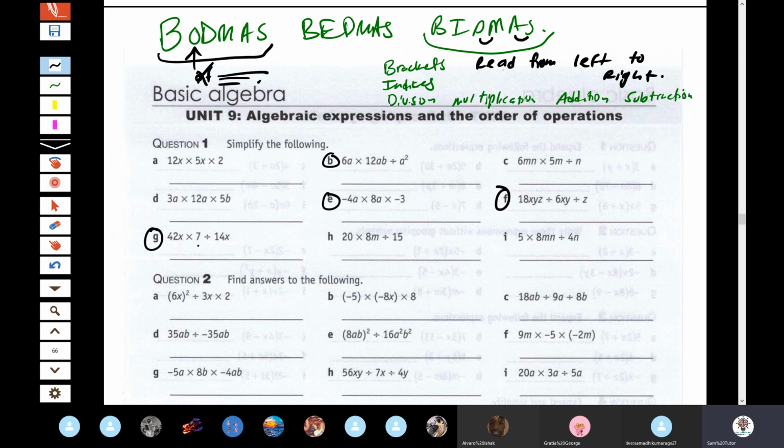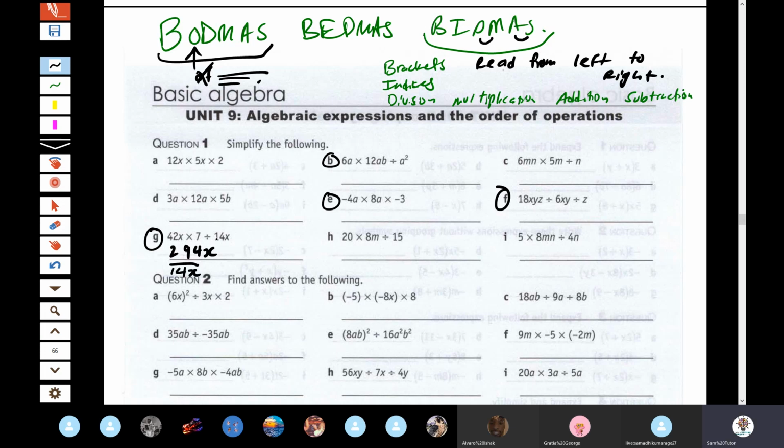All right, let's do it. 42x times 7. So that's the first thing you do. 42 times 7. 7 times 4, 280. 7 times 2, 14. So that should be 294. If I haven't done that wrong in my head, that should be right. 294x. And then we're going to divide that by 14x.